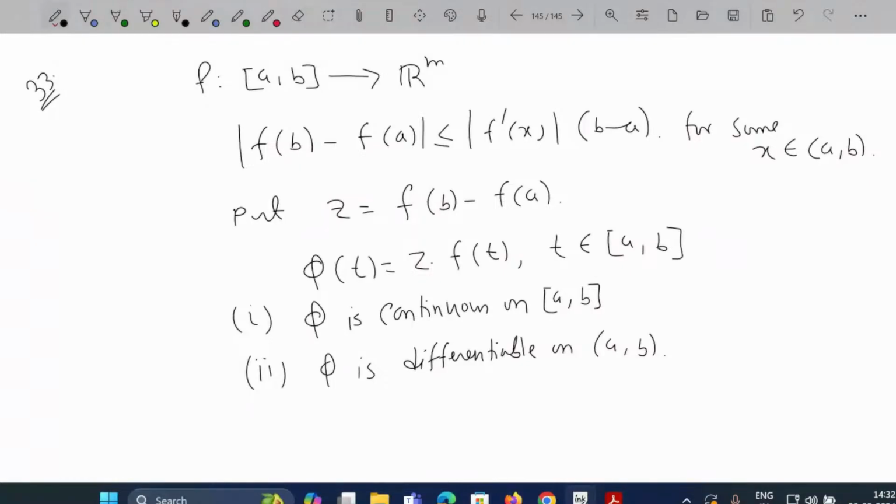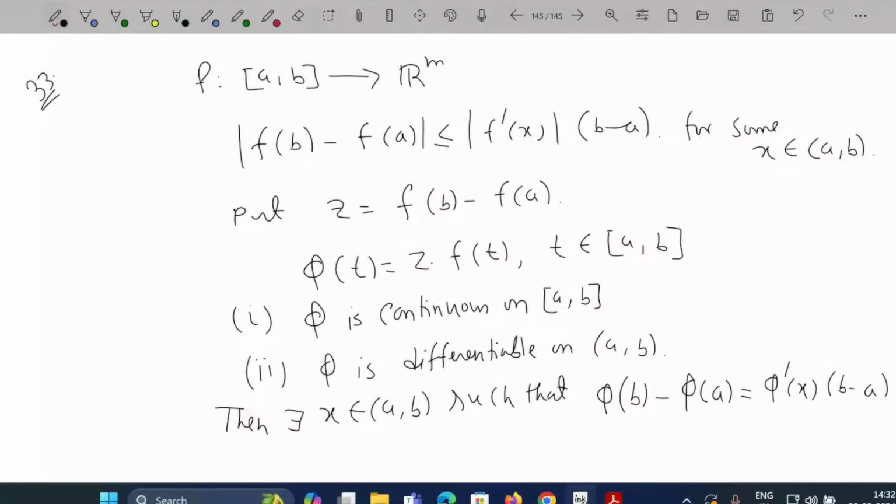Then, because phi is a real valued function, there exists an x belonging to the open interval (a, b) such that phi of b minus phi of a is equal to phi dash of x into b minus a.